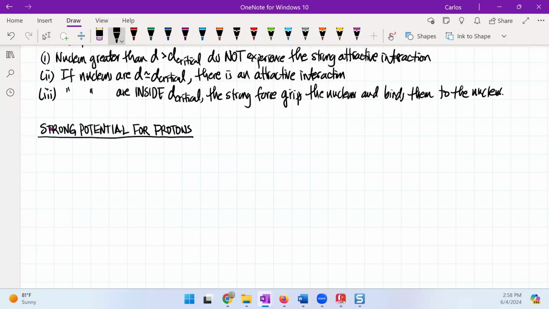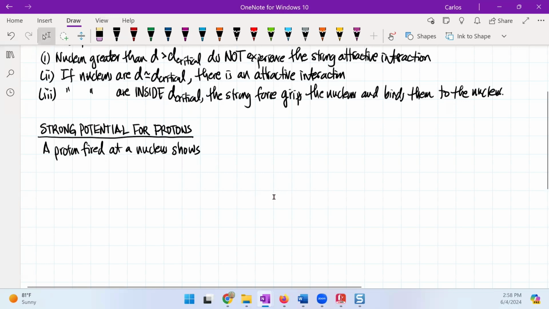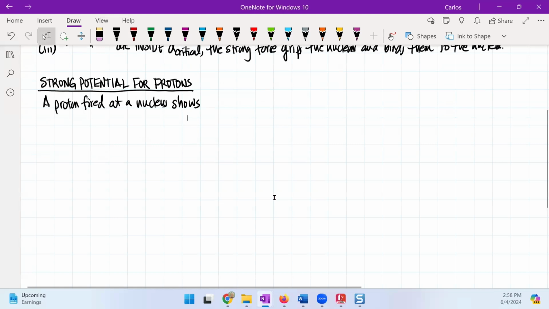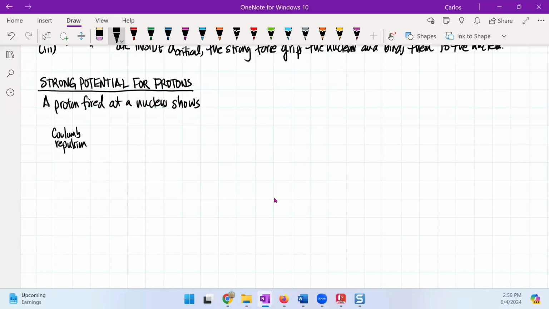So a proton fired at a nucleus shows certain behaviors. Let's start with what we have seen. We know that there is Coulomb repulsion, and we know that there is strong attraction.